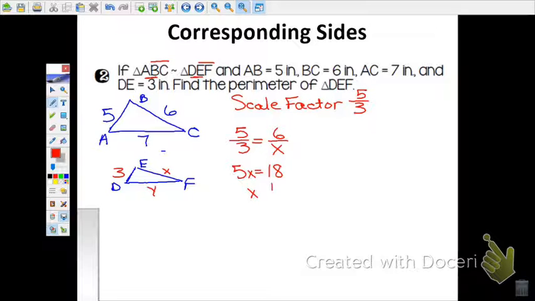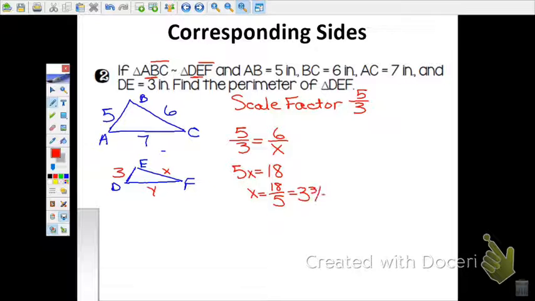So X is 18 divided by 5, not 3. 5 goes into 18 3 times, with 3 left over.